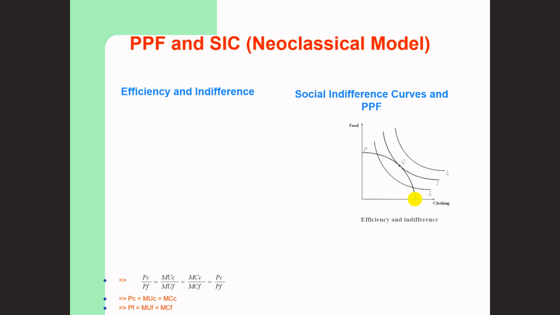And in order to be allocatively efficient, we may also use social indifference curves. There are three social indifference curves. This is I, this one is I1, and this one is I2.